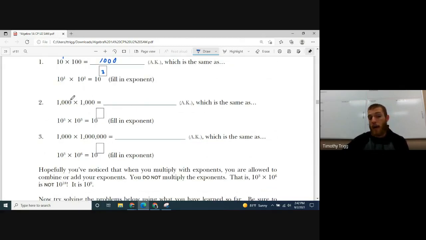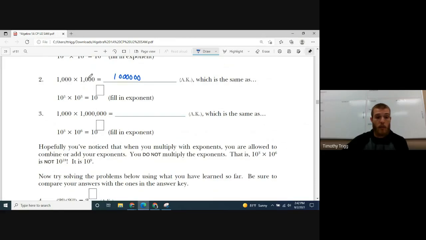Here, if I was going to multiply 1,000 times 1,000, well, 1 times 1 is 1, and we're going to put 6 zeros at the end. 1, 2, 3, 4, 5, 6. 1,000 is 10 to the power of 3 times 10 to the power of 3. Well, that's 10 to the power of 6. Isn't this answer 10 to the power of 6? 6 zeros.